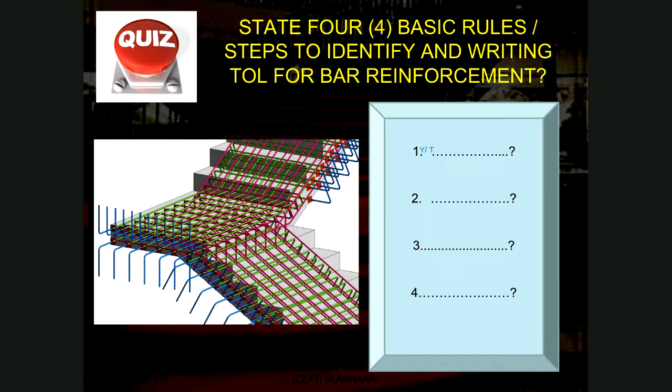The diameter of the bar. Diameter of the bar. And after you identify the diameter, then you identify the texture or the shape. This one is based on F.8.5 in your SMM. And then the last one is based on location. This one is based on F.8.4.